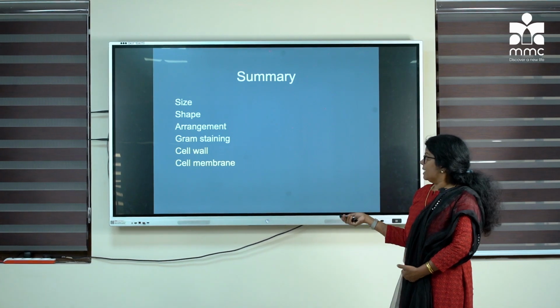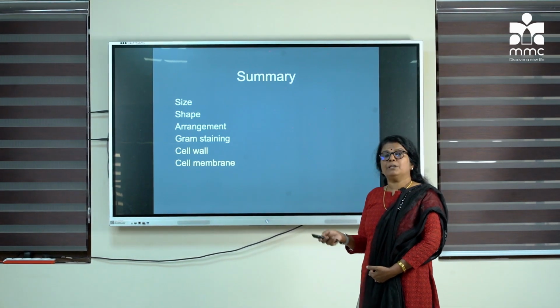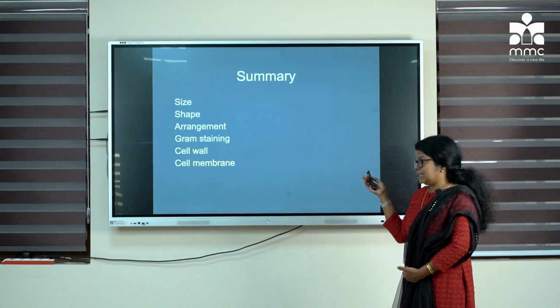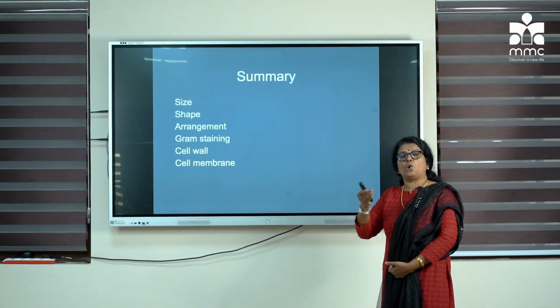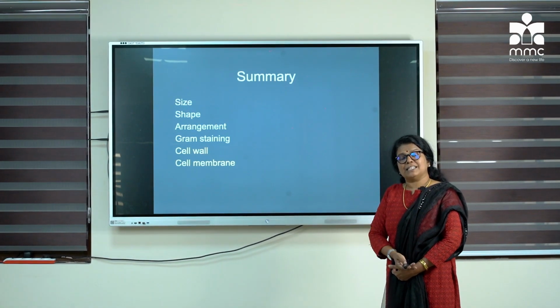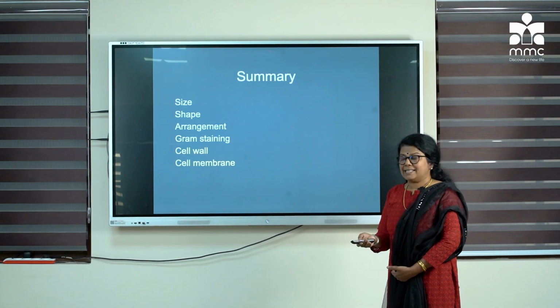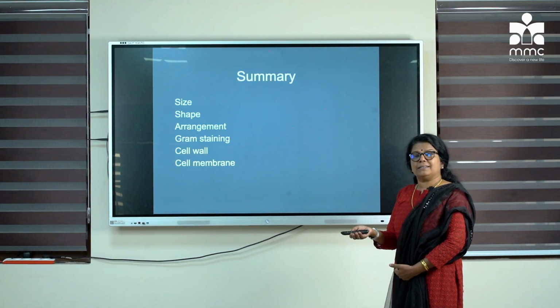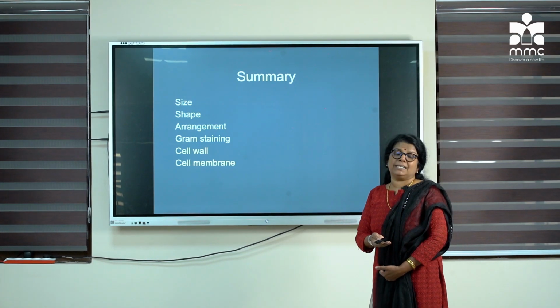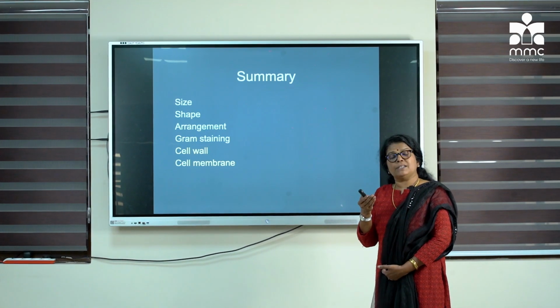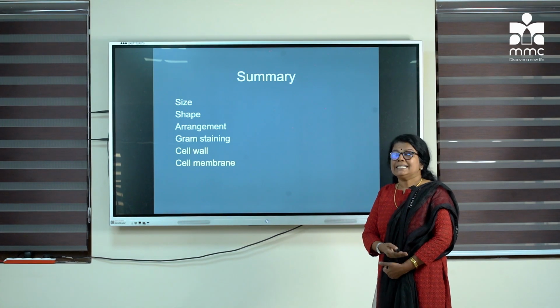Just to summarize, today you have learned about the bacterial size, then different bacterial shapes, namely cocci, spherical bacteria; rod-shaped ones are bacilli; then comma-shaped ones, and spirochetes, spiral bacteria. These are the different types of bacterial shapes.